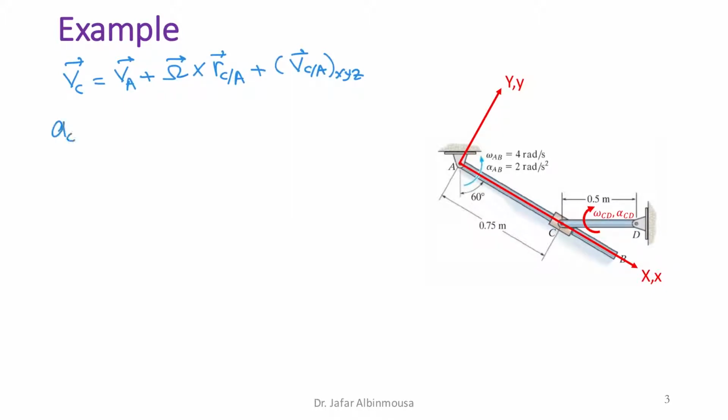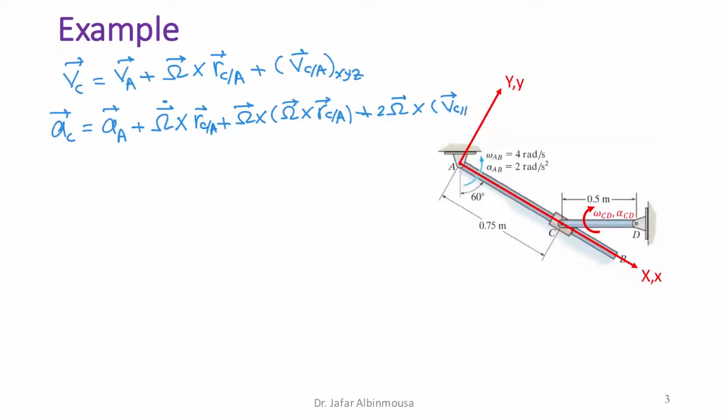Now, the acceleration AC is equal to AA plus capital omega dot cross RC with respect to A plus capital omega cross capital omega cross RC with respect to A, and then 2 capital omega cross VC with respect to A as measured with respect to the local coordinate system, small x, y, and z.